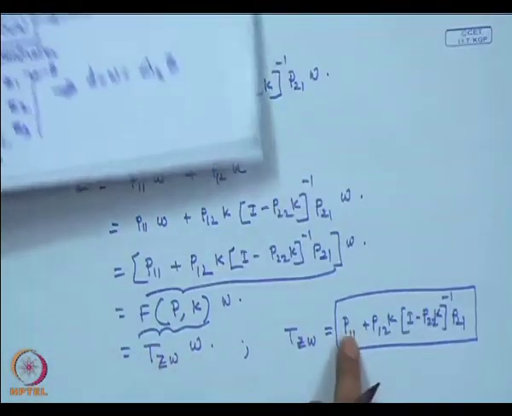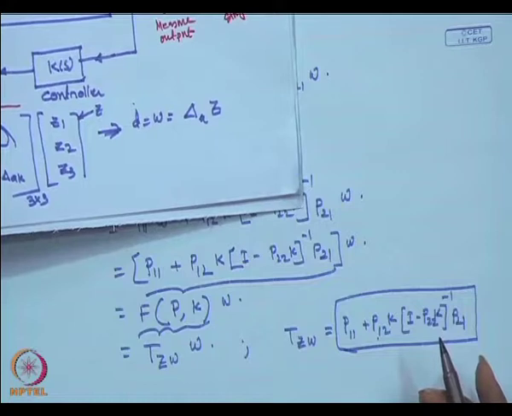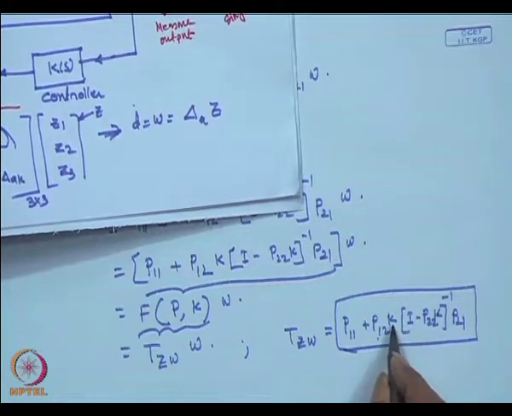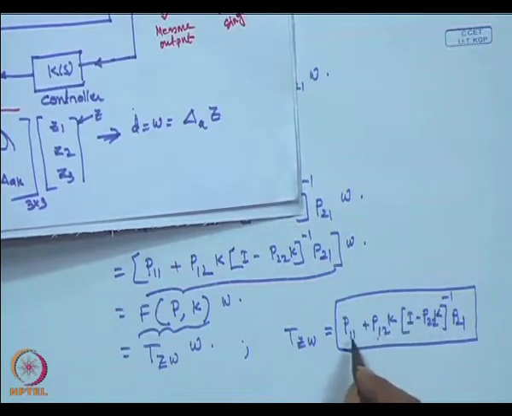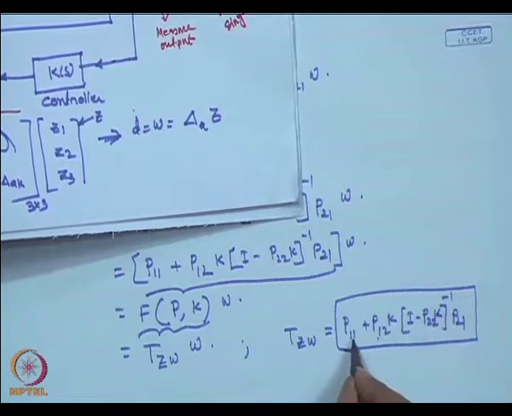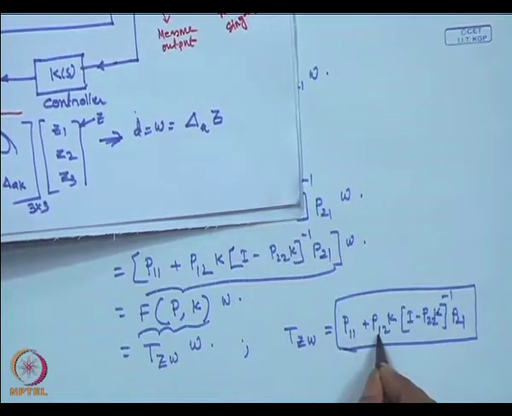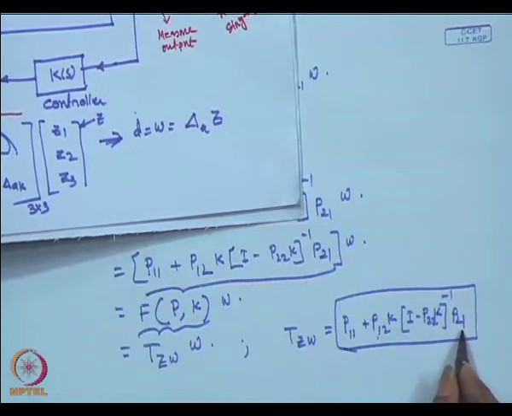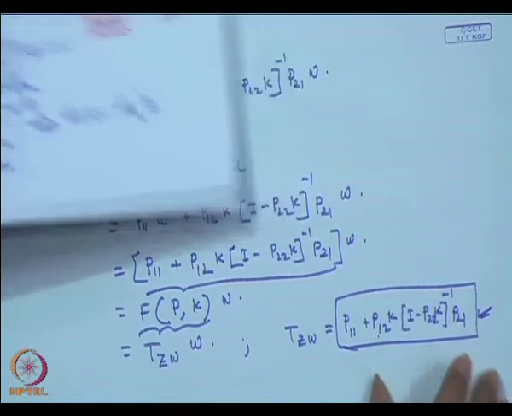So, I have started with P11, then P12, then the controller K, then I minus P22 K whole inverse. Then the second index comes last, so it will be P21. So, this is the transfer function.